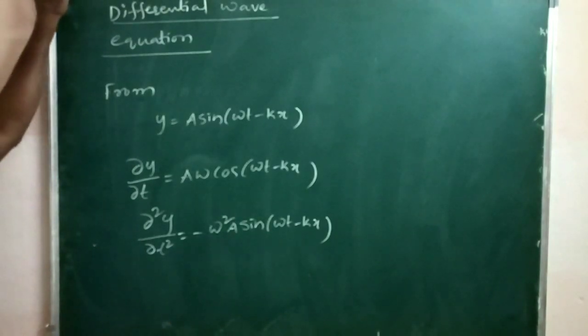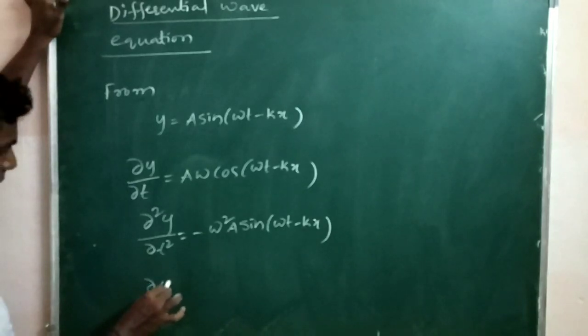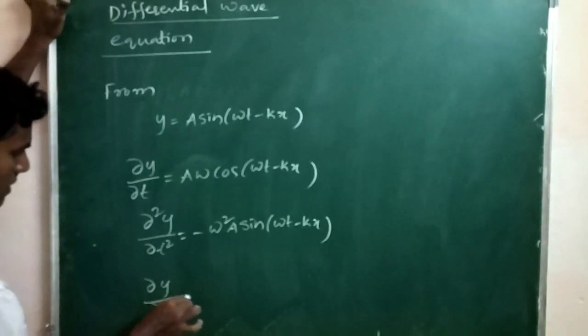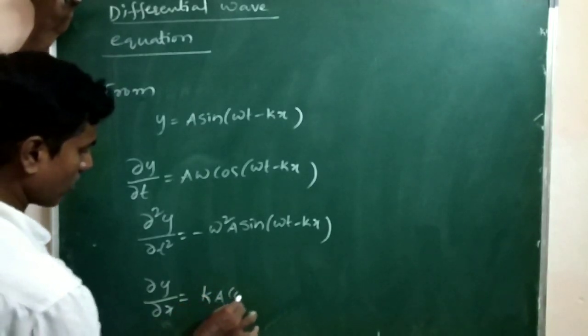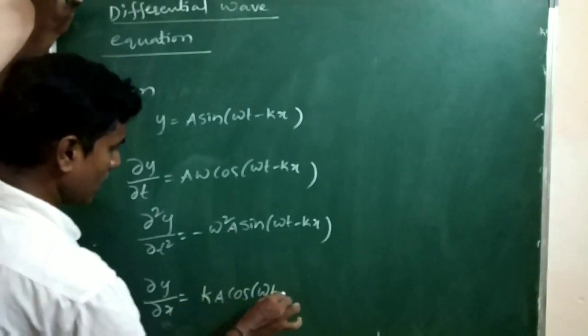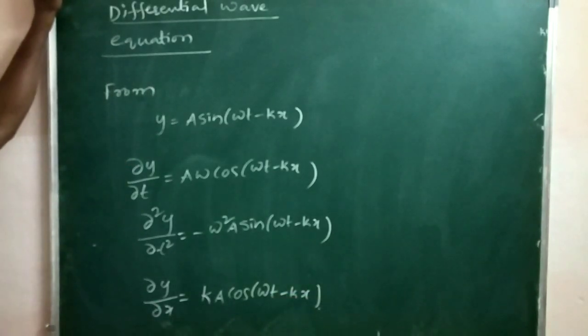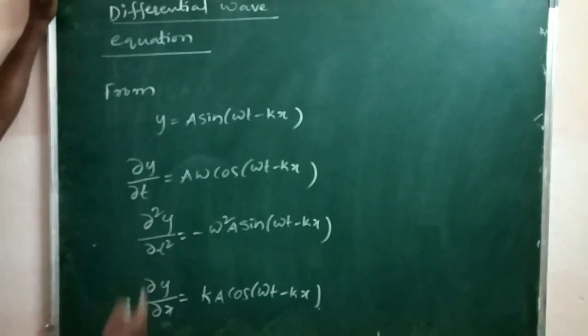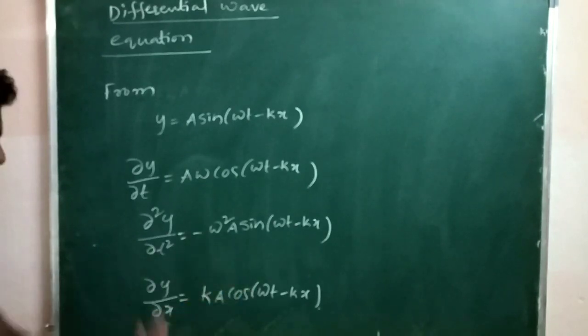Again, differentiation of y with respect to x: del y by del x equals minus k a cos omega t minus kx. The differentiation of sine is cos here.